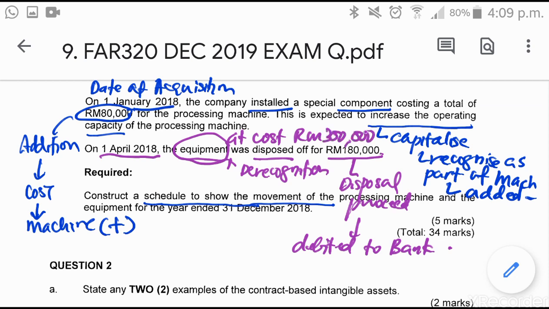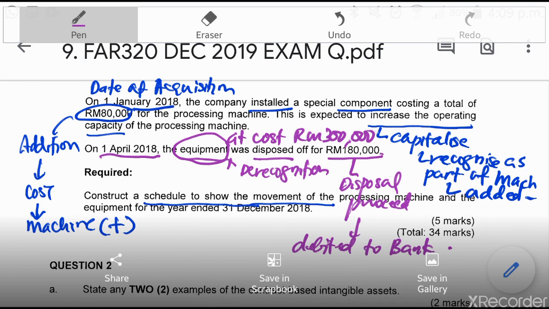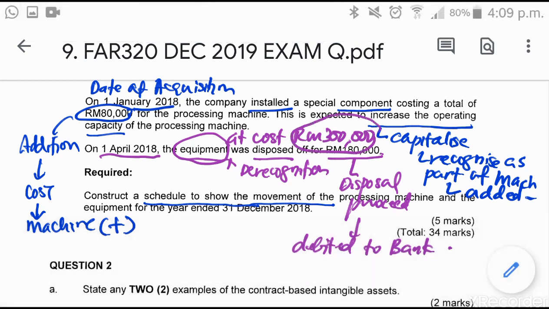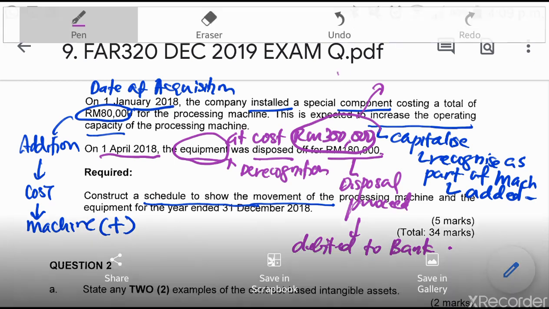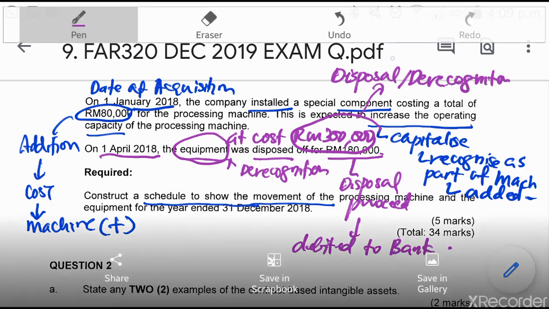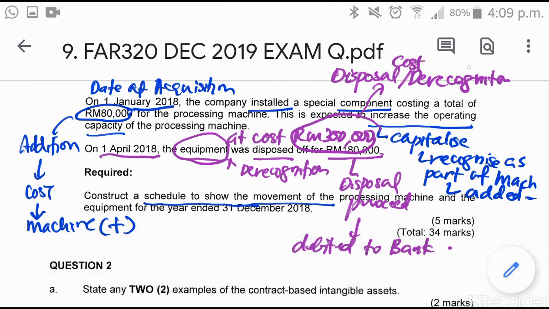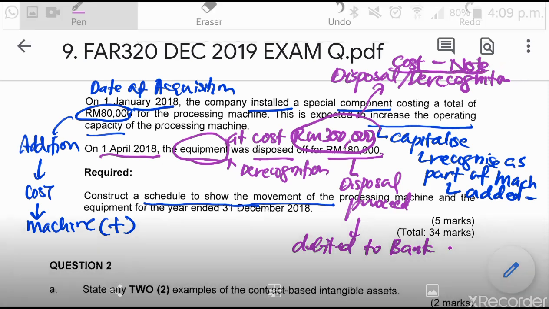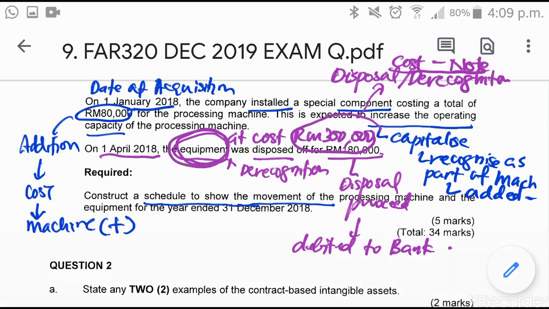So this 300,000, because it was being disposed, is the one that will need to be derecognized. So you can write disposal or derecognition, where this is in the cost section of your note of PPE. And be specific, I'm talking about the cost section of the equipment.